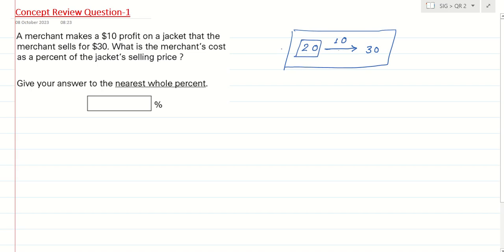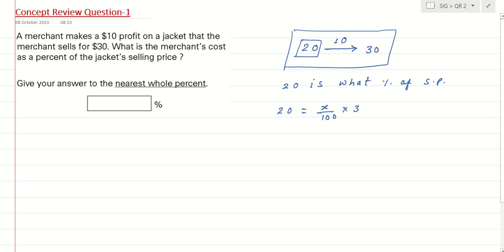The question is, what is the merchant's cost price as a percent of the jacket selling price? So the question is, 20 is what percent of the final value, the selling price? 20 equals x percent of what?